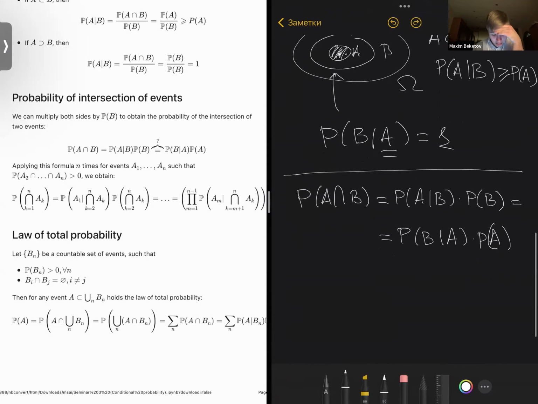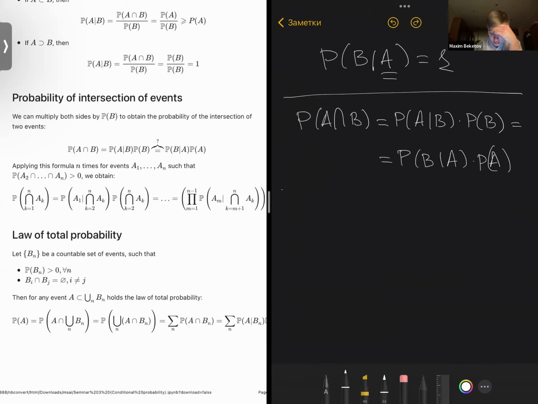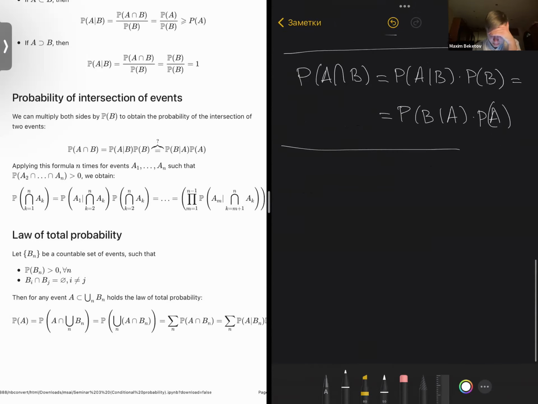From that, you can also get that if you have an intersection of many events, such that the probabilities of their intersections are not zero, we have the following formula: the probability of A1 intersecting with A2, and so on, intersecting with AN, you can open it up in any order you want, but let's start from the first.